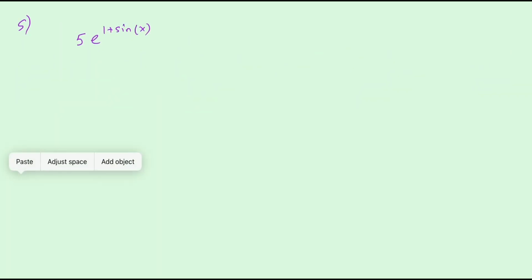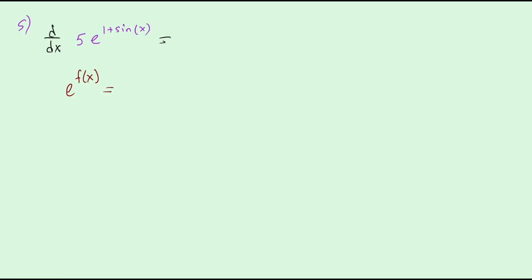Let's find the derivative of 5 times e raised to the 1 plus sine x power. To derive this, we have to know the derivative of an exponential function. The derivative of e raised to a function is equal to the derivative of the function times e to the f of x.